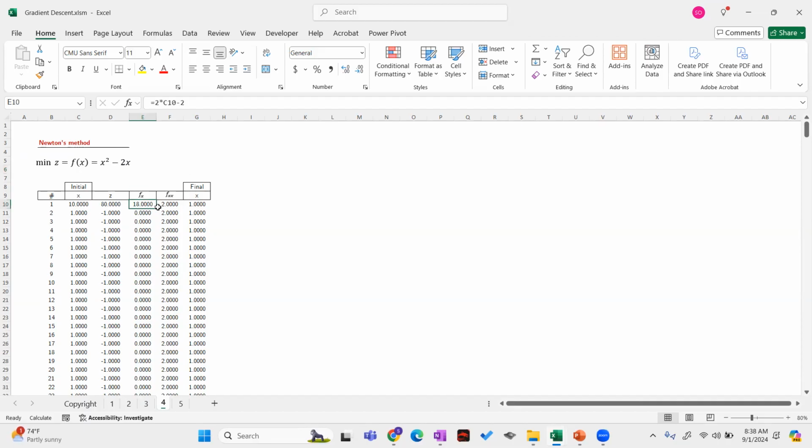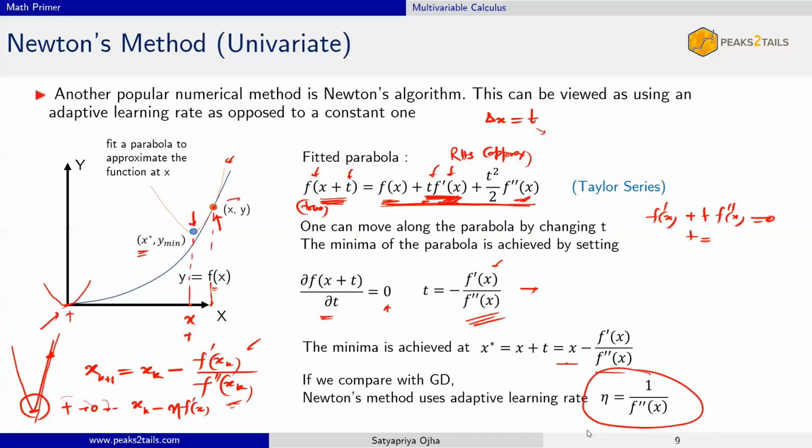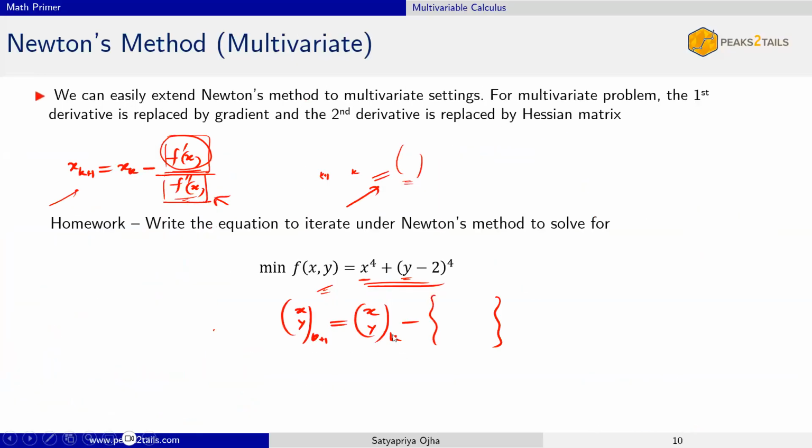In 2 dimensions, it's very easy to implement, but for higher dimensions it will be a little difficult because you have to keep calculating the Hessian matrix at the new point, take the inverse, find the gradient, do a matrix multiplication, then update the x. It can be done in Excel, but it will not be nice because in every row you have to maintain that new matrix. Keeping a matrix in a row is not nice.